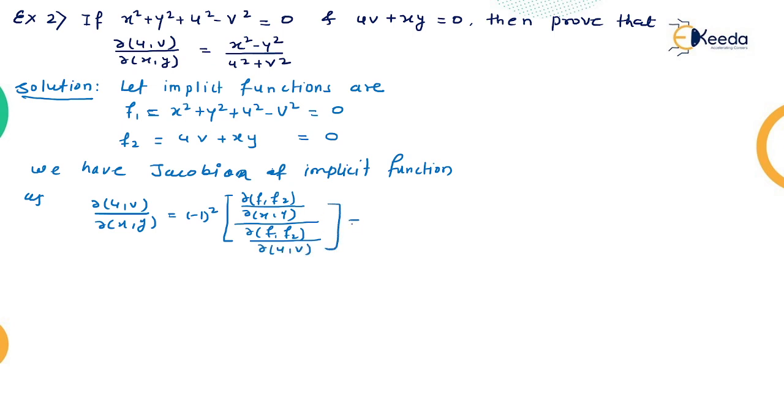This is the definition, with a numerator and a denominator. Minus 1 bracket square is nothing but plus 1. So this is equal to numerator upon denominator.